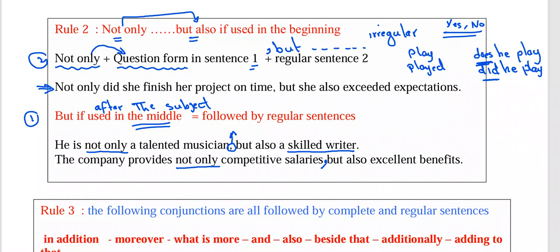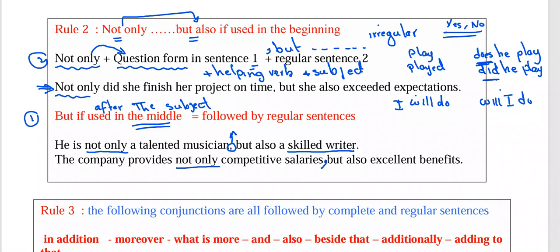Alright? What if the sentence is "I will do"? Okay? So say "not only will I do." So always follow "not only" with the helping verb before the subject.